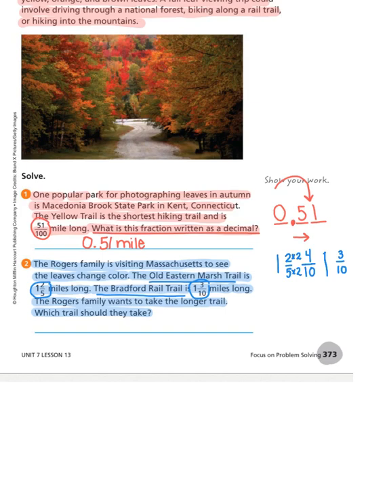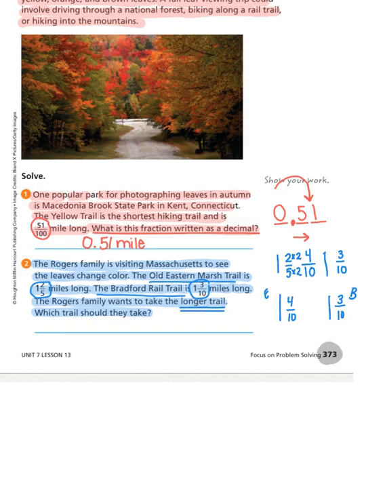What I've done now is I've created 2 fractions with the same denominator, 1 4/10, which represents the Eastern Marsh Trail. I'll represent that with an E. And 1 3/10, which represents the Bradford Rail Trail. Now I can easily compare which one is longer. The Rogers family wants to take the longer trail.